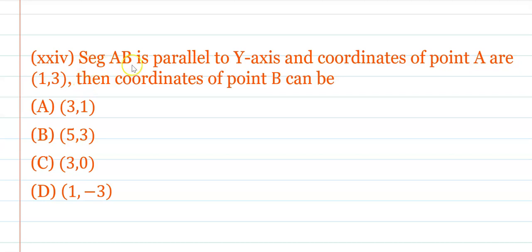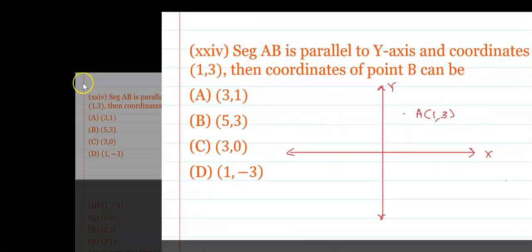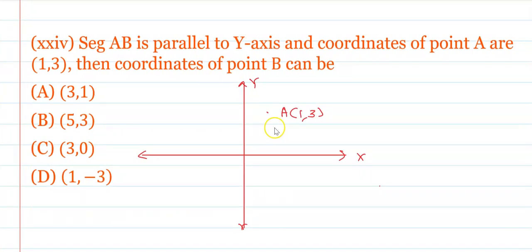Okay. Now the next question, 24. Segment AB is parallel to the y-axis, and the coordinates of point A are (1, 3). Then the coordinates of point B can be, okay, x-axis, y-axis, coordinates of point A are (1, 3). AB is parallel to the y-axis. The AB line is parallel to the y-axis.